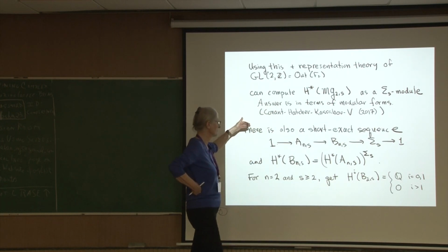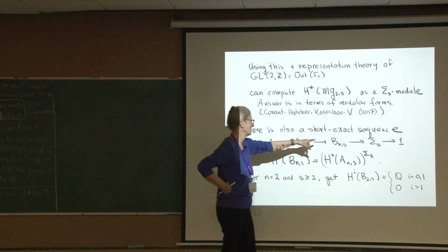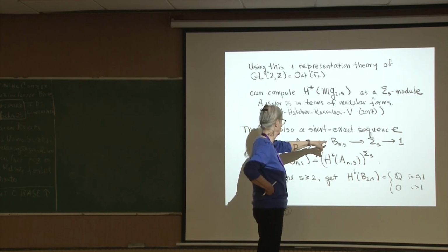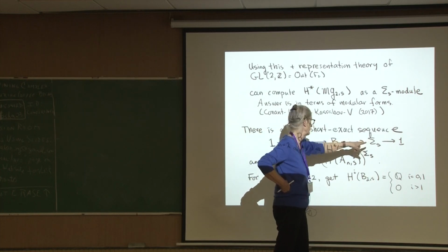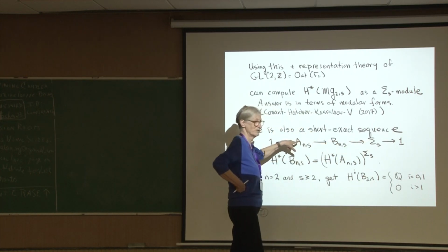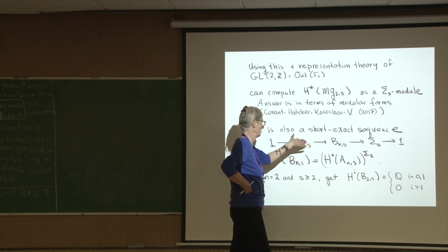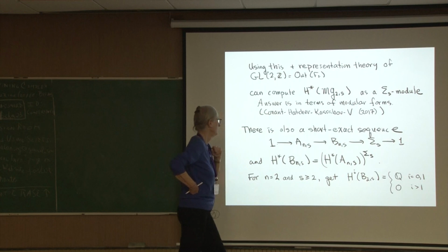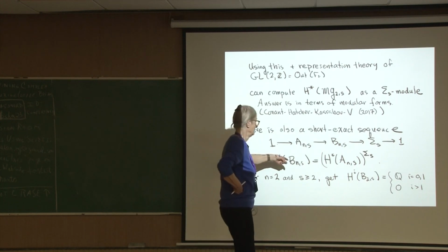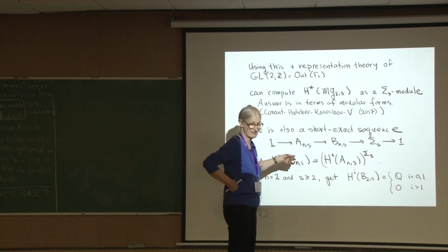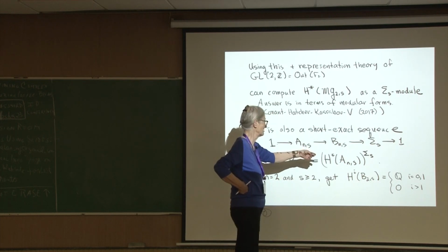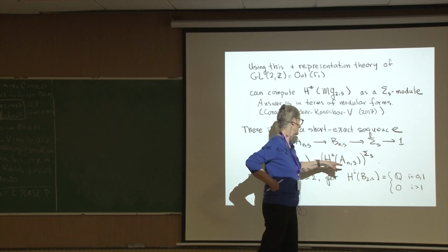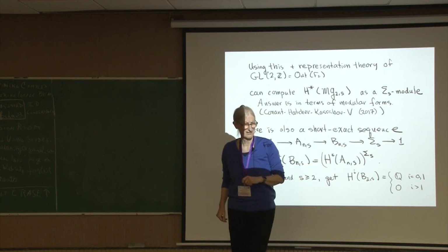Well, there's also a short exact sequence, of course, from BNS to the symmetric group, and the kernel is the pure version, ANS, just like for pure braid groups and braid groups. And remember, we're only talking about rational cohomology here, so actually the cohomology of BNS is just the sigma S invariants of the cohomology of ANS.